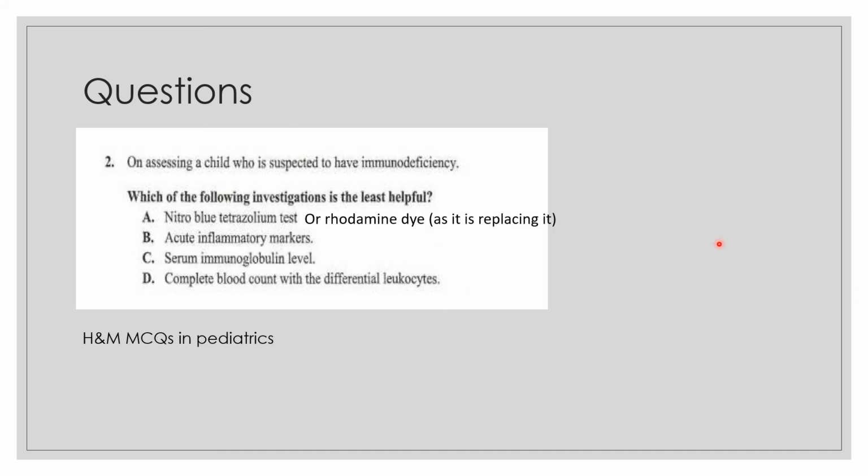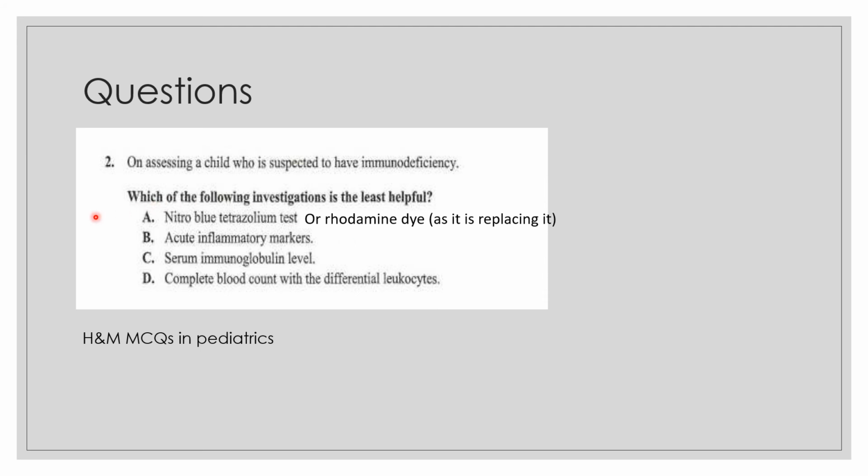Okay. Second question. On assessing a child who is suspected to have immune deficiency, which of the following investigations is the least helpful? In the real question in the book, it is mentioned nitro-blue tetrazolium test, but nowadays it is replaced by this dye, which is rhodamine dye.